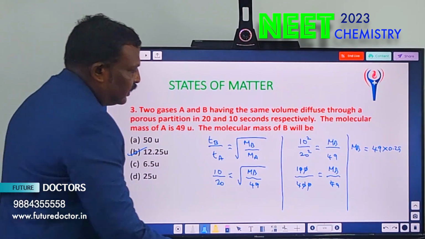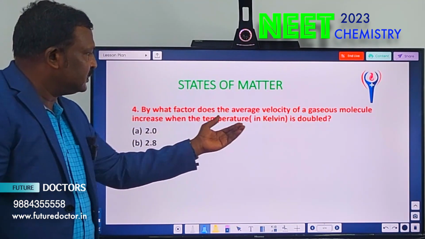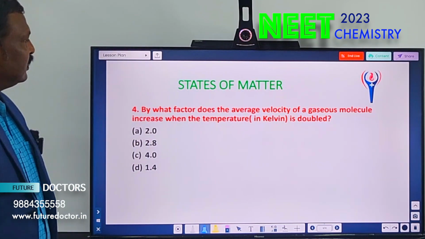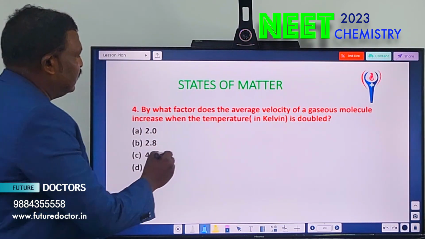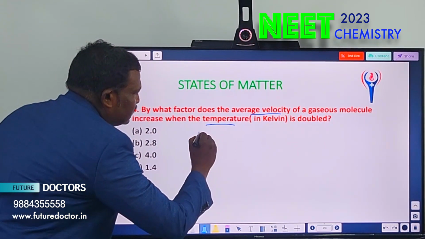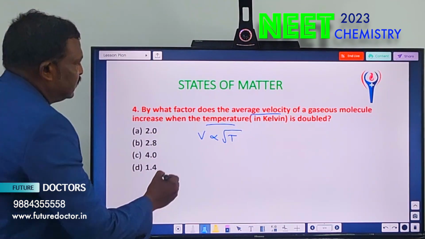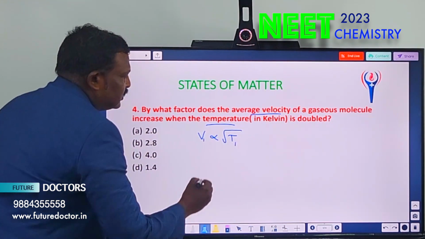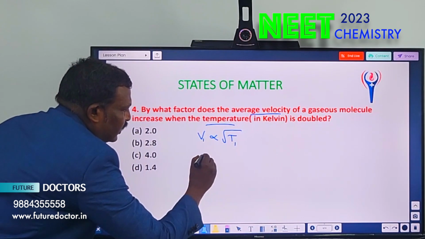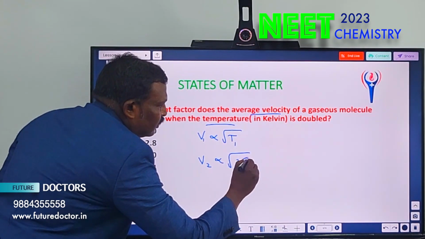Next one. By what factor does the average velocity of gaseous molecules increase when the temperature is doubled? Here the velocity and temperature relationship, you just remember: velocity is directly proportional to root of T. Suppose I consider this is T1, and in the second case it is 2 T1.